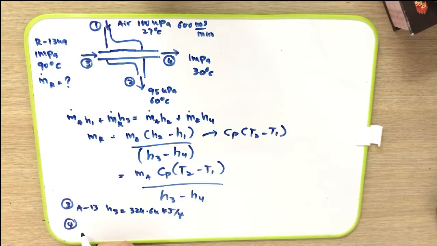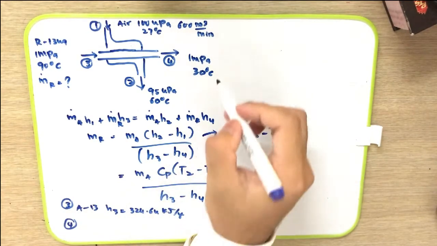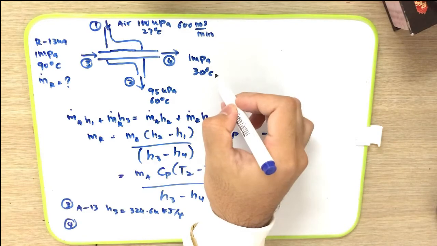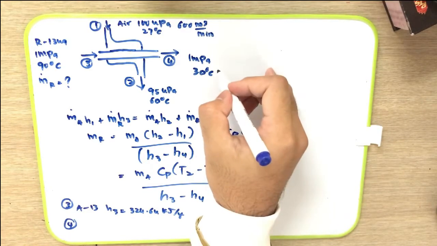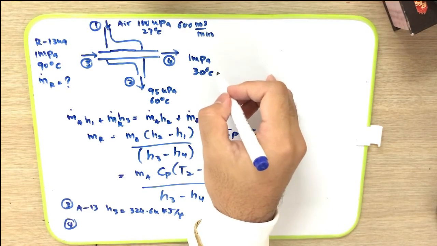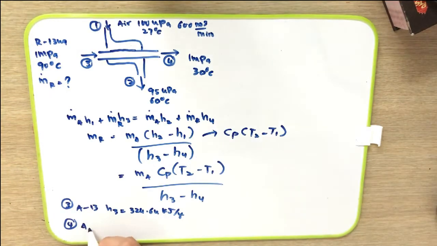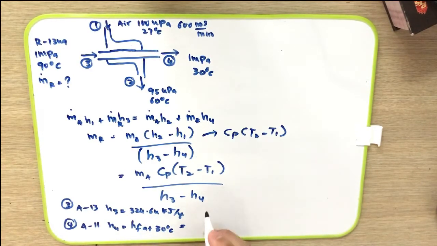For stream 4, after we check at 1 megapascal and 30 degrees C, we have found that the phase at this stream is compressed liquid. So according to table A11, H4 is equal to Hf at 30 degrees C, and it is equal to 93.58 kJ per kg. So now we have already found the H3 and also H4.